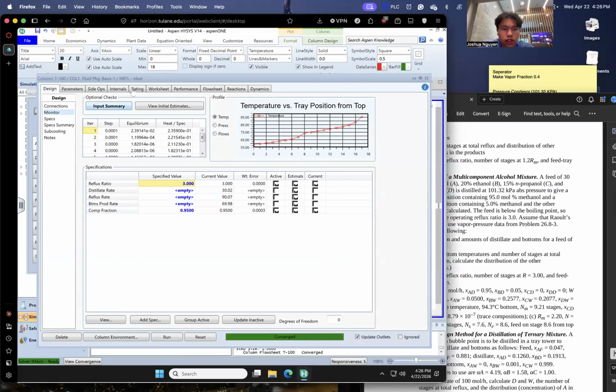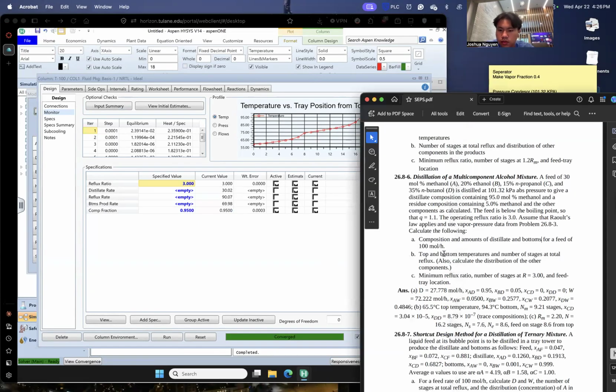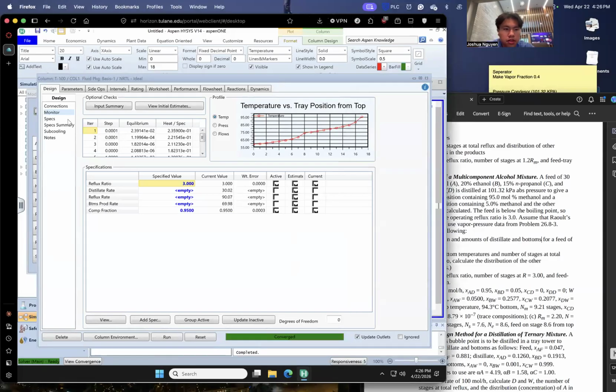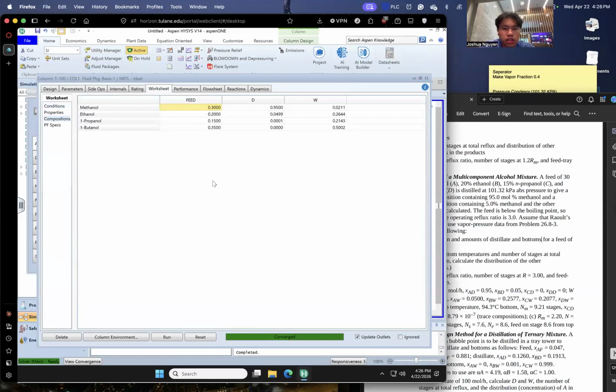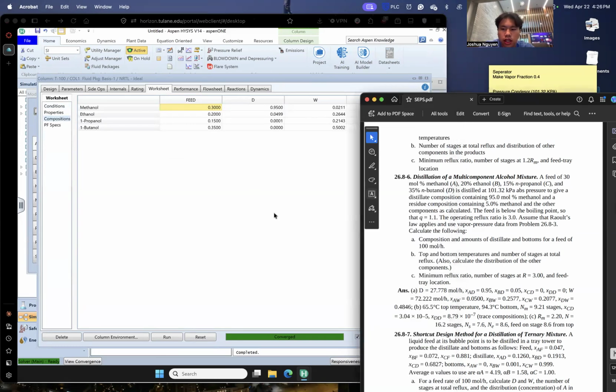So for a feed of 100, this actually says mole per hour, but this one was in kilomoles per hour. So we could just scale it down and it'll be the same. So the composition and amounts of the distillate and the bottom is going to worksheet, compositions. When I set this up, I guess I set this up using the bottom part.